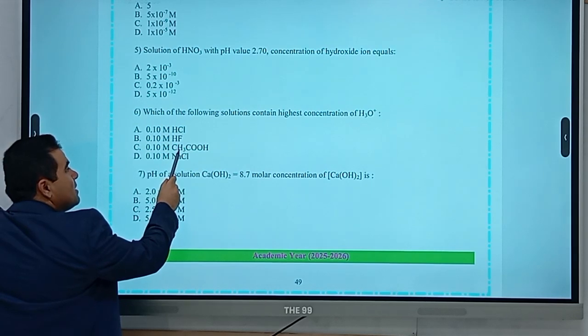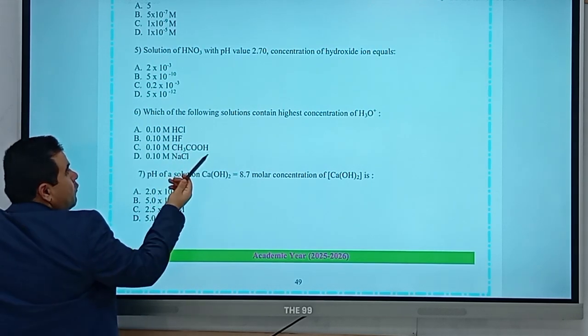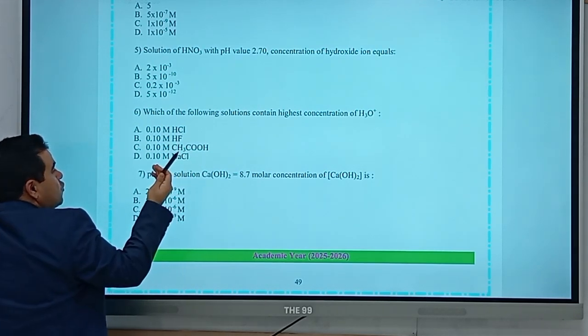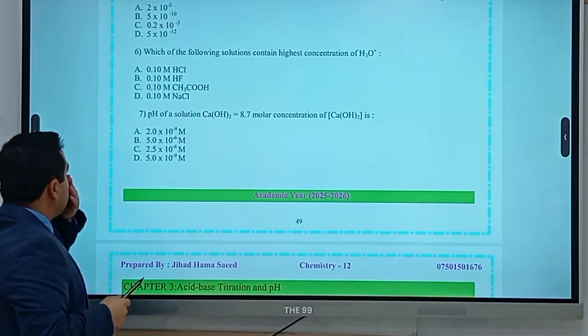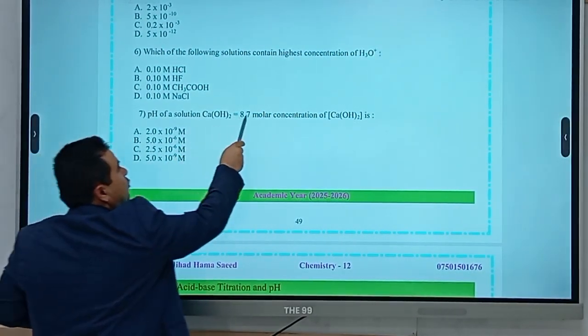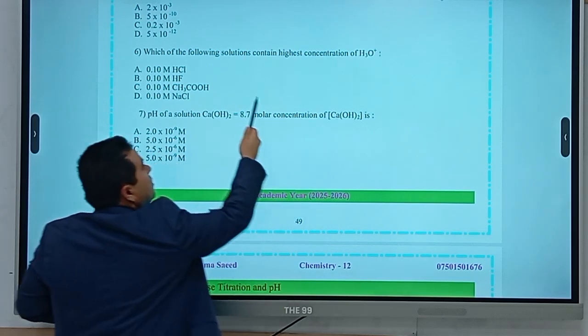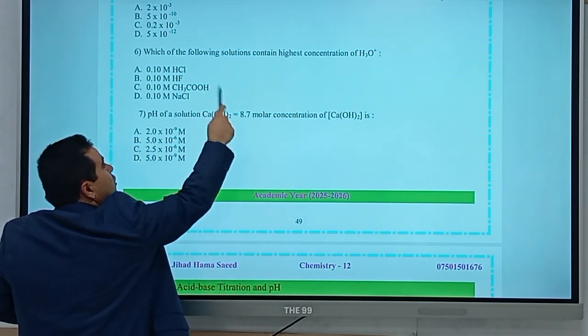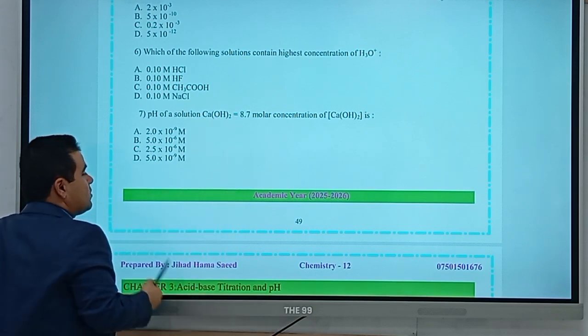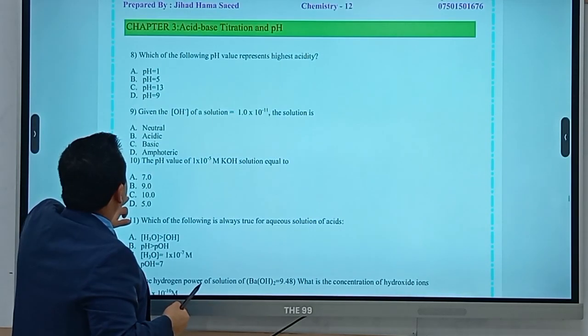HCl, HF, CH3COOH, NaCl. Of course, the highest concentration of hydronium comes from the strong acid. A is the correct answer. The pH of a solution is 8, what is the molar concentration? The pH can be converted to hydronium and then to hydroxide. The hydroxide divided by 2 gives you the concentration of calcium hydroxide.